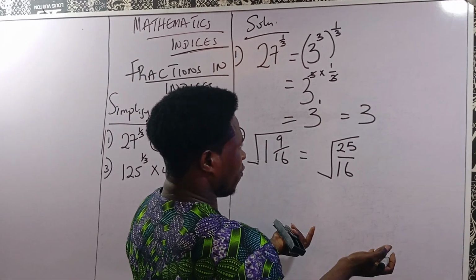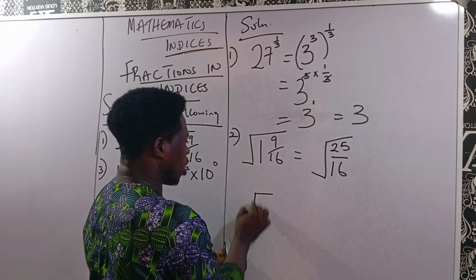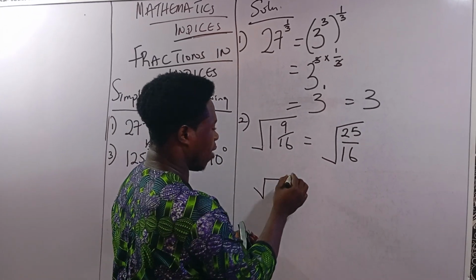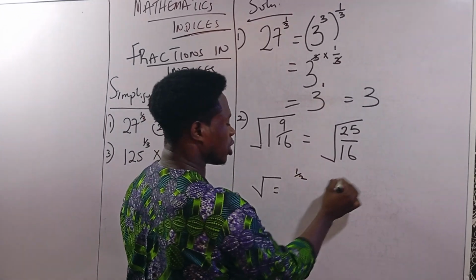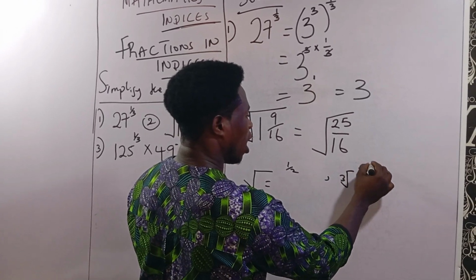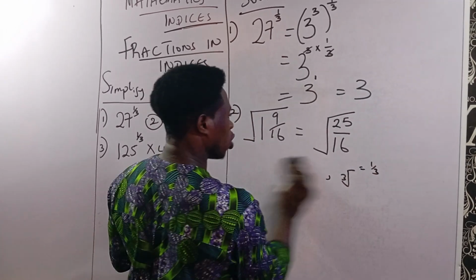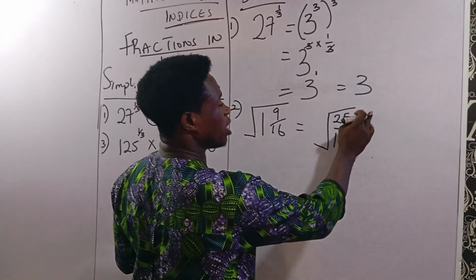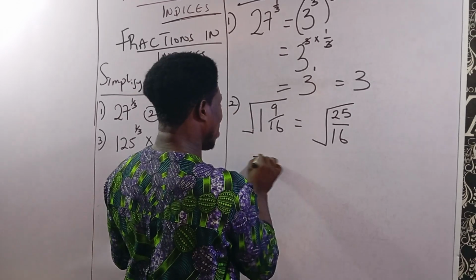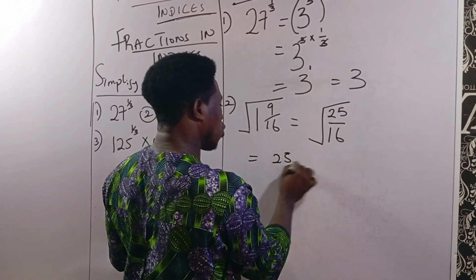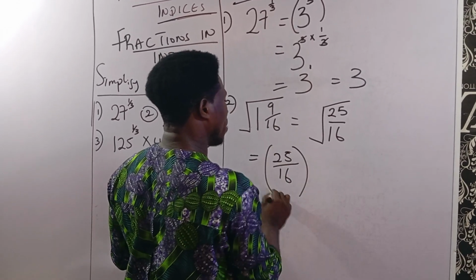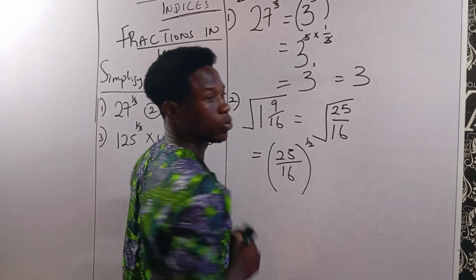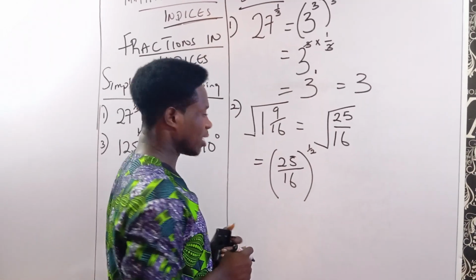Now, how do we solve this? Remember, I told us that square root is equivalent to raised to power 1 over 2, and cube root is equivalent to raised to power 1 over 3. So since this is the square root of 25 over 16, it is equivalent to 25 over 16, all raised to the power 1 over 2. Do you understand?